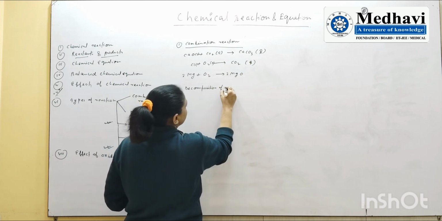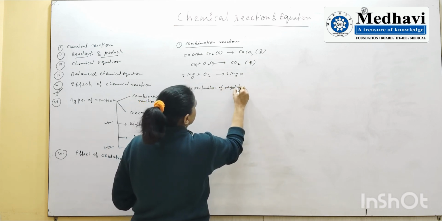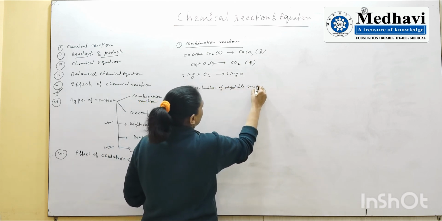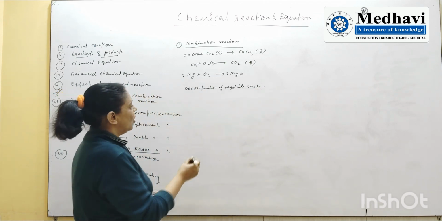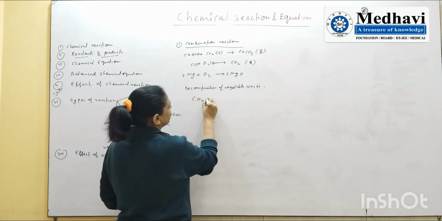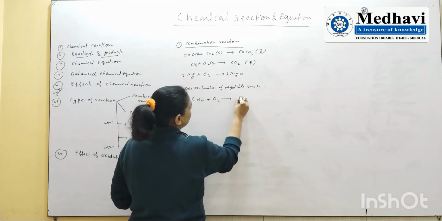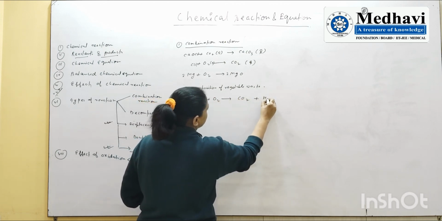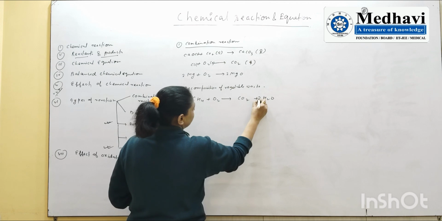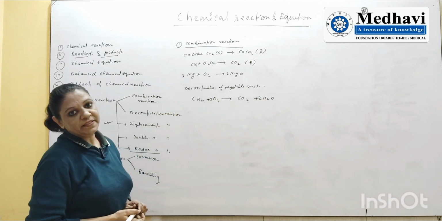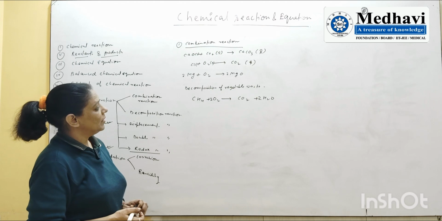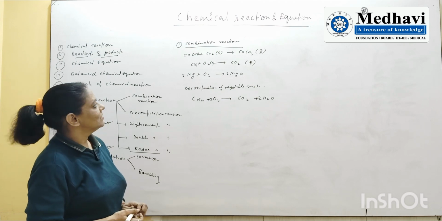Decomposition of vegetable waste is also an example of a combination reaction. Oxidation of methane: methane burns with air to give carbon dioxide and water. So oxidation of methane is also an example of a combination reaction.